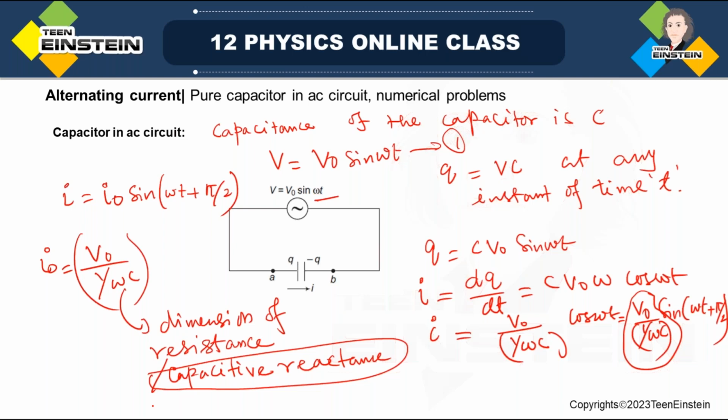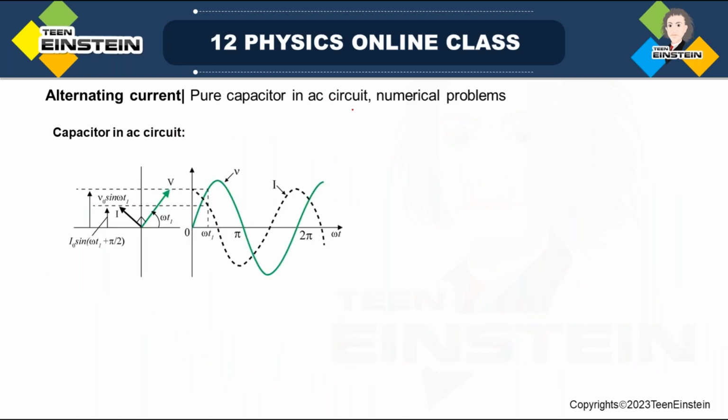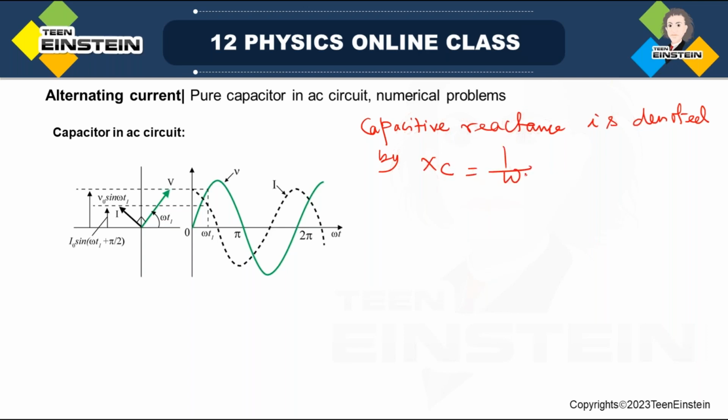This is capacitive reactance, and it is denoted by XC.